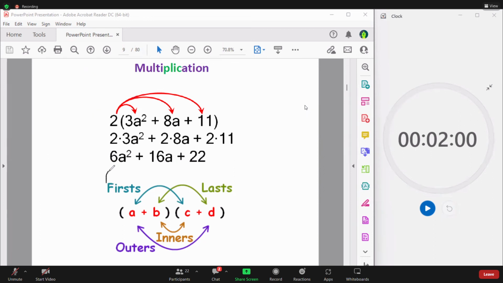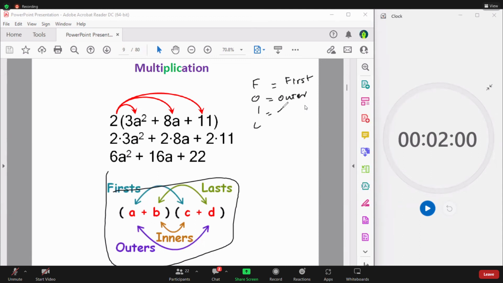Now, the FOIL method is basically this: first we multiply the first terms, then the outer terms, then the inner terms, and then the last terms. And then add all of these products. So if it is, let's say, a plus b times c plus d, the first terms give a times c.